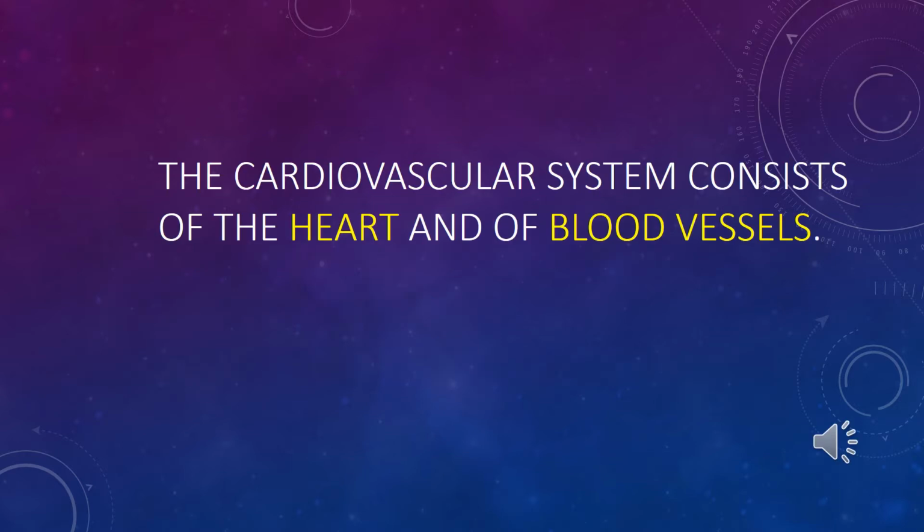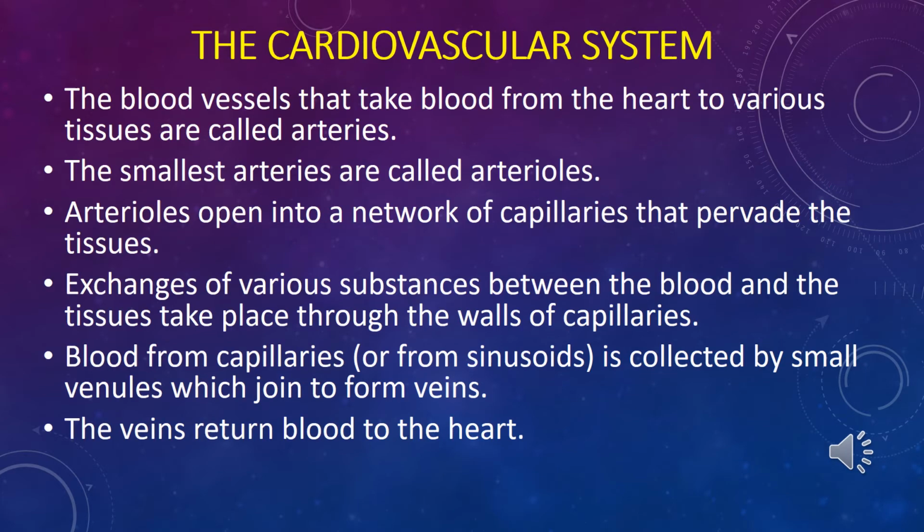The cardiovascular system consists of the heart and blood vessels. On this slide are presented some main sentences included in the chapter cardiovascular system. Blood vessels take blood from the heart to various tissues, and all vessels which go from the heart to tissues or organs are called arteries.